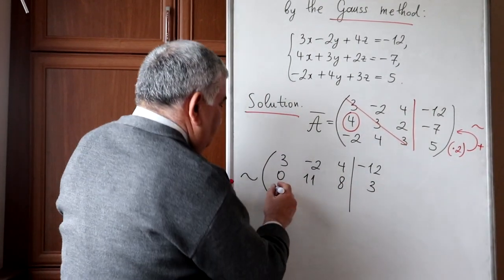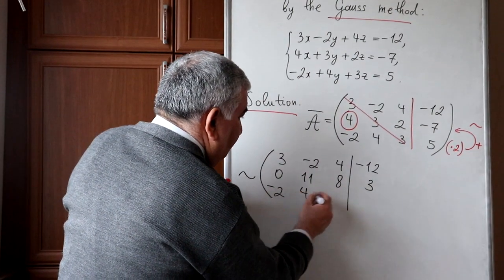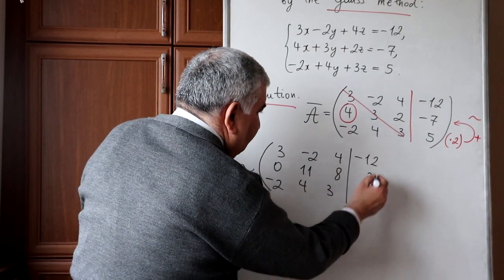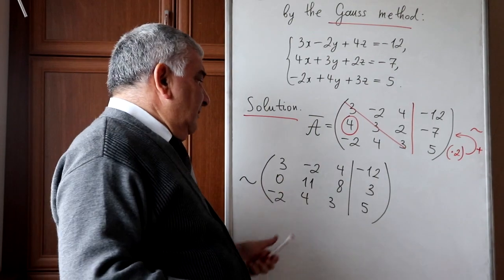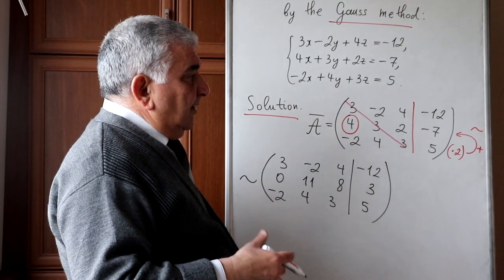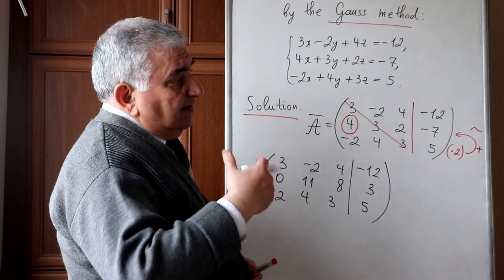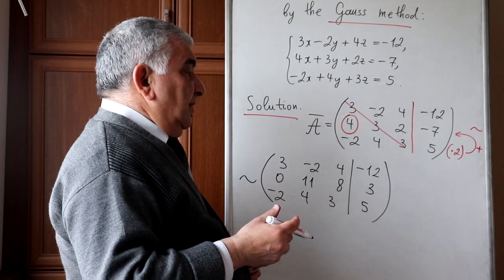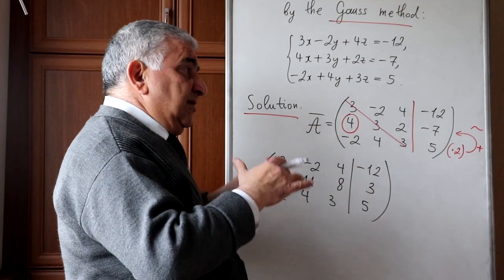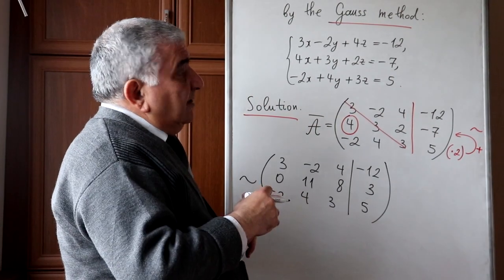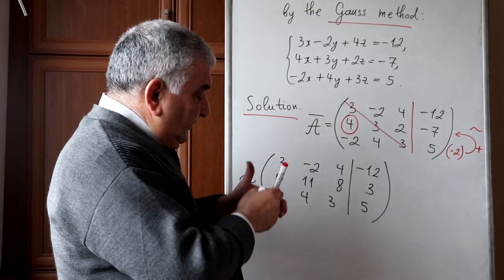Minus 2, 4, 3, 5. Here, of course, the matrix is changed, but its rank is not changed, and it means the solution of the given system is kept.